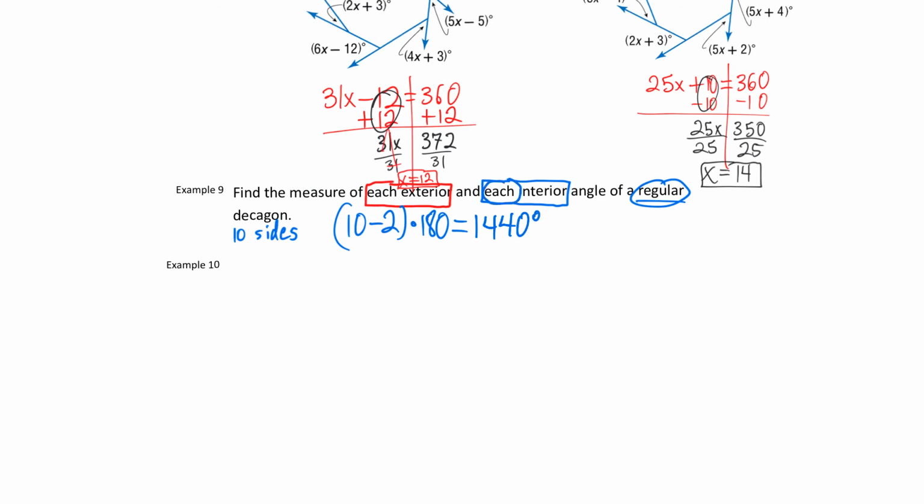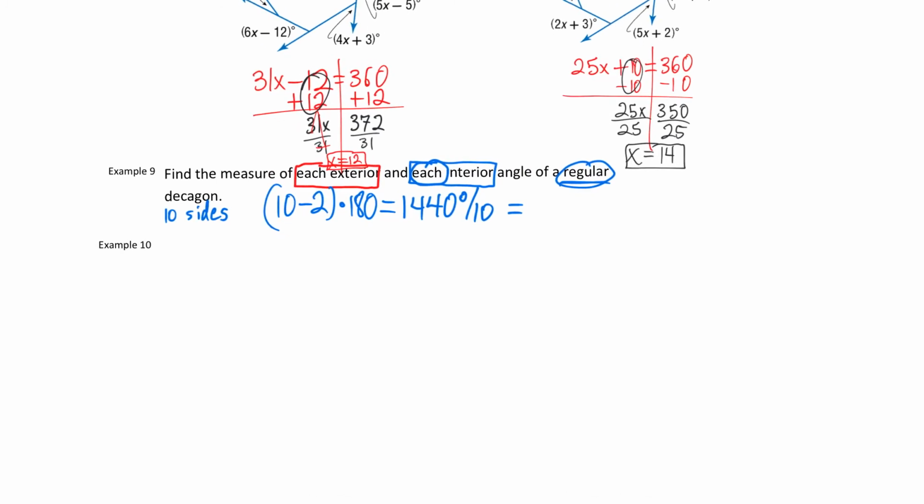But I want to know how big each one is of this regular decagon. So what am I going to do? Divide by 10. Good. I'm going to take the total of 1440, divide that by those 10 angles to see how big one of them is. And what is it? Okay. So 144 degrees is the measurement of each interior angle.